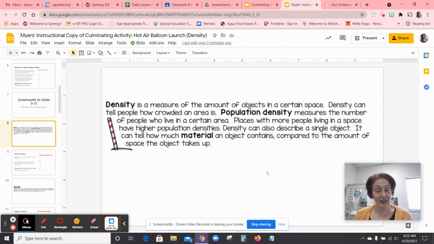We're going to talk about the density of objects. It can tell you how much material an object contains compared to the amount of space it takes up. So that's what we're going to talk about in our lessons, the density of an object.